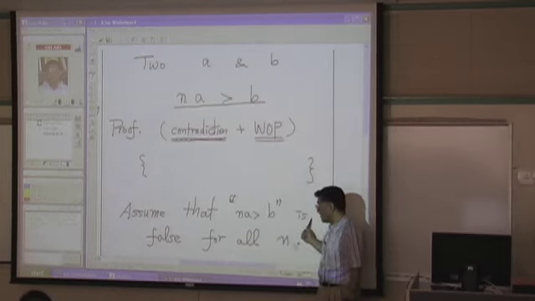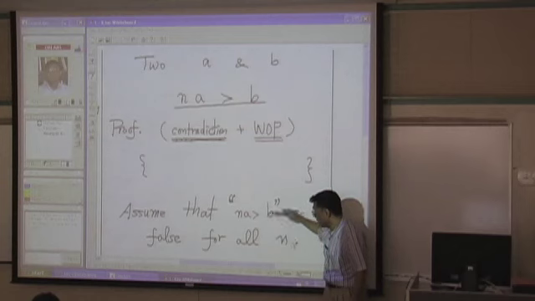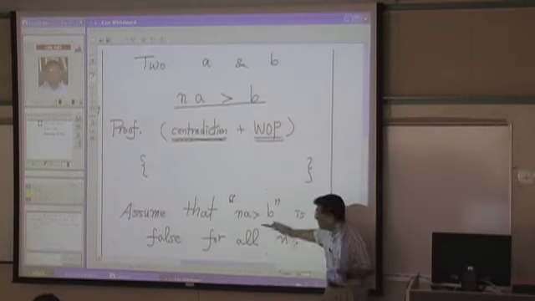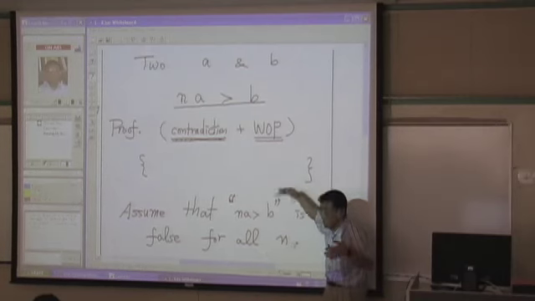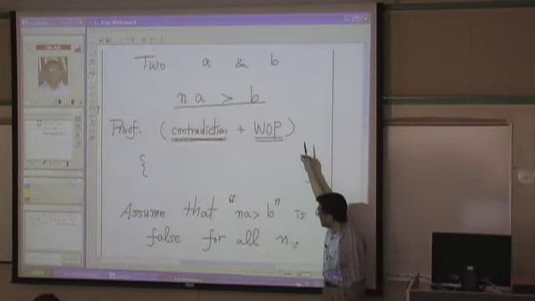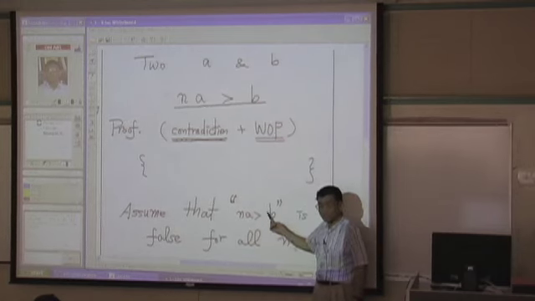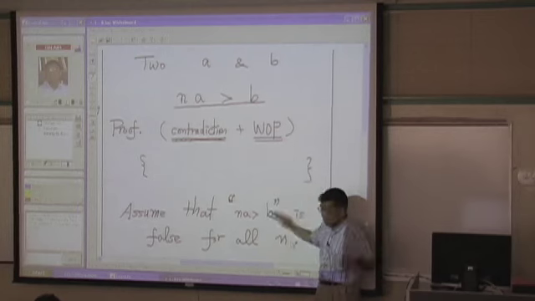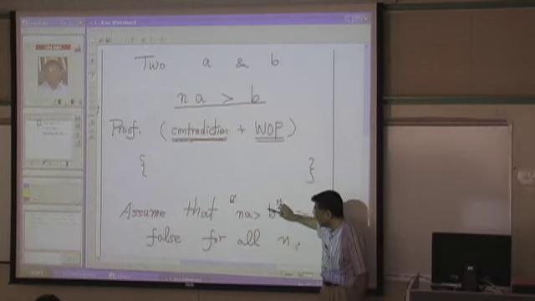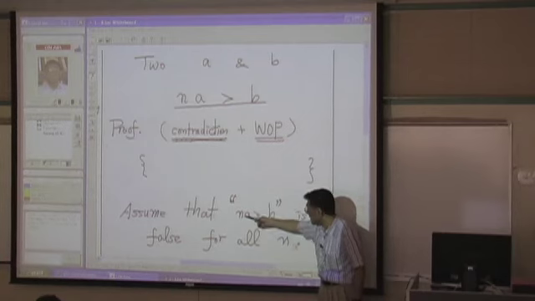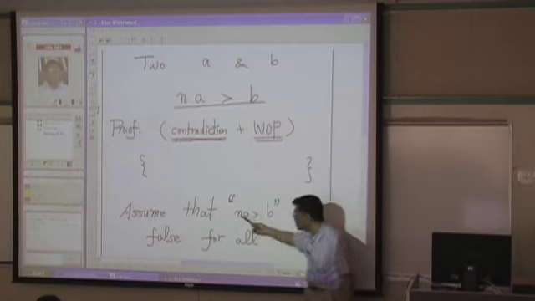Then, because of this fact, using something, we lead to a contradiction. So I'm not proving it now. I'm just explaining the method or idea. We assume that the result is false. Why? Because of something. And then after showing that this leads to a contradiction, we say that this should be true.